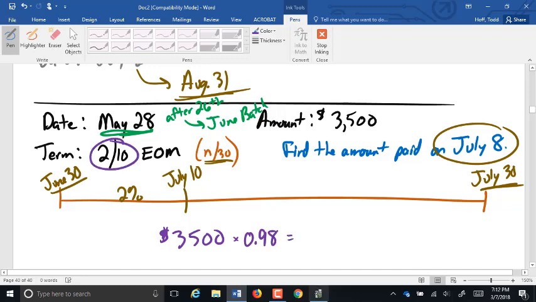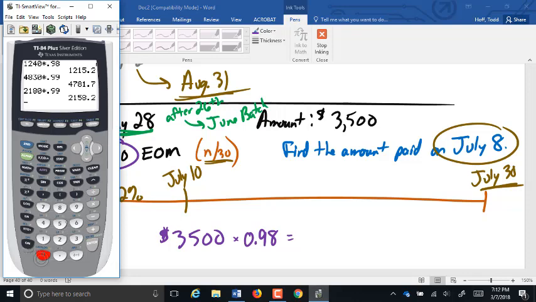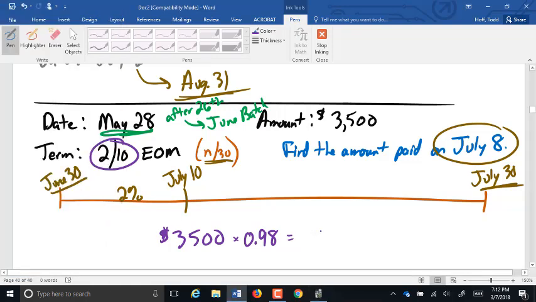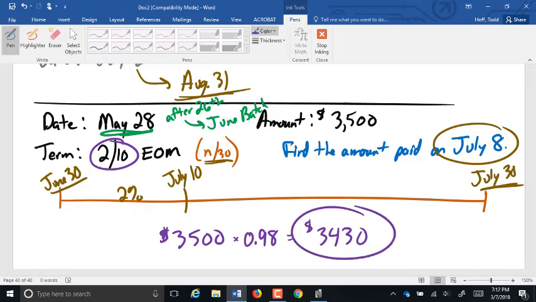We get a 2% discount this time. 3,500 times 0.98 should be 3,430, and it is. $3,430 is the amount paid. So you can see this EOM dating can be tricky. You have to be very careful to make sure that that date is before the 26th, because if it's on or after the 26th, it goes into the next month's batch.